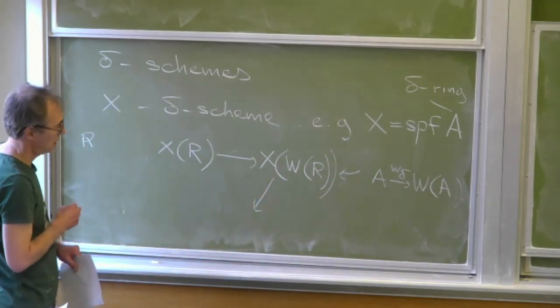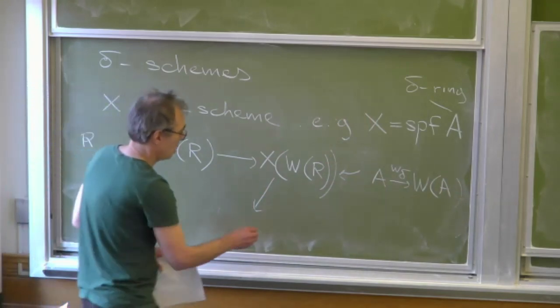So you are saying that X of R is just homomorphisms. Can you write it a little bit more?